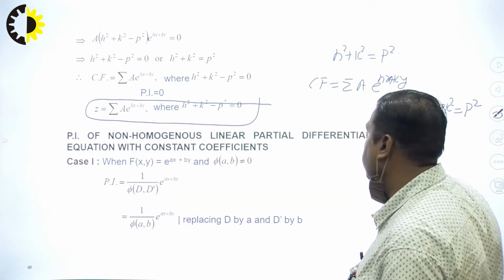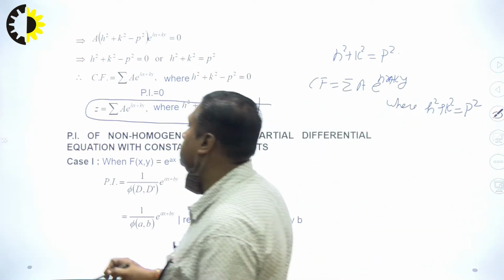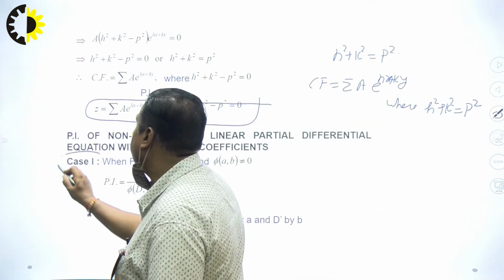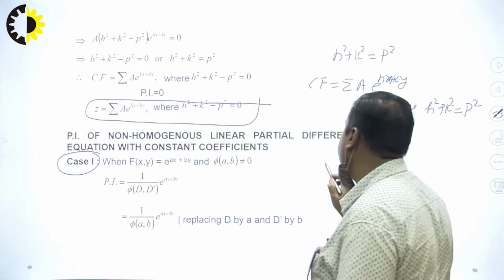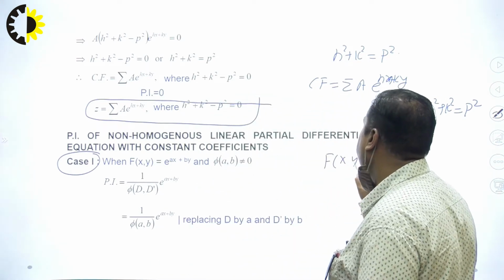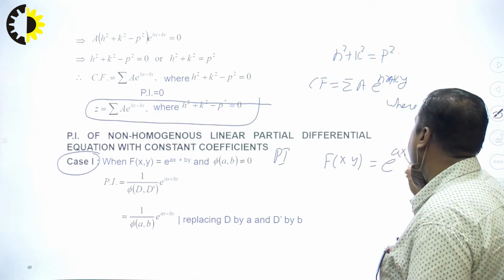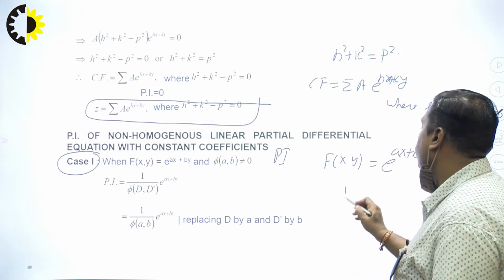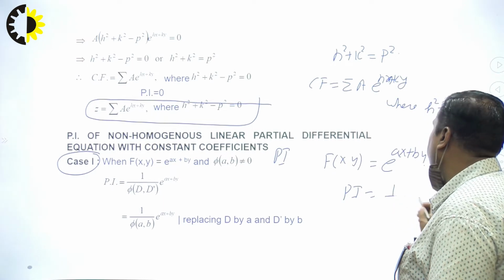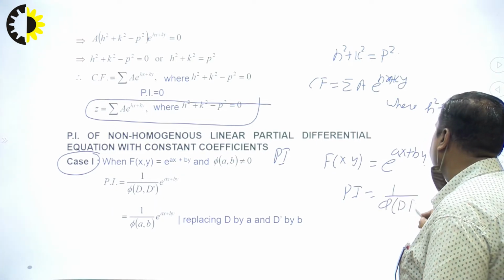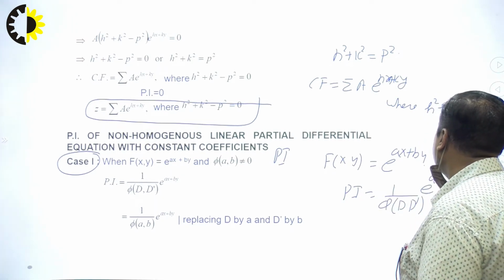So it is an important concept, and there are various cases of the PI, in which the first case is when the function is e to the power ax plus by. So we have to calculate in terms of phi D, D dash, e to the power ax plus by.